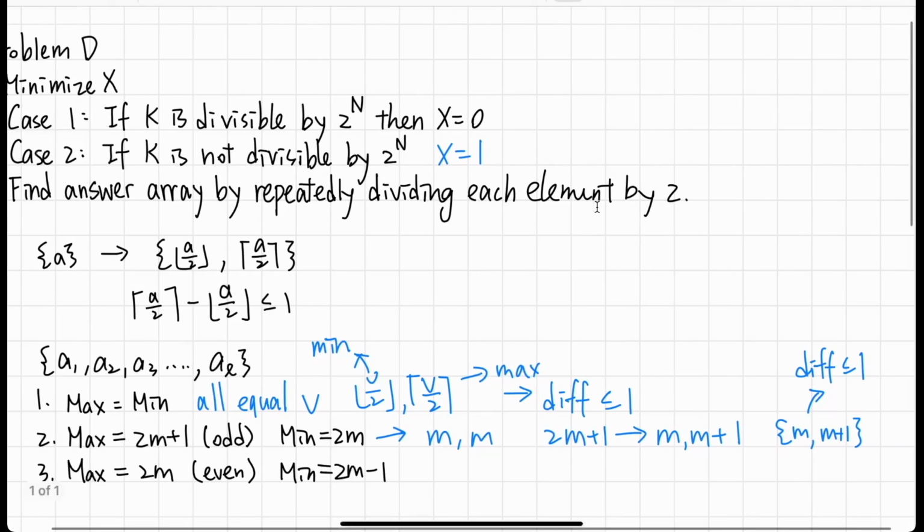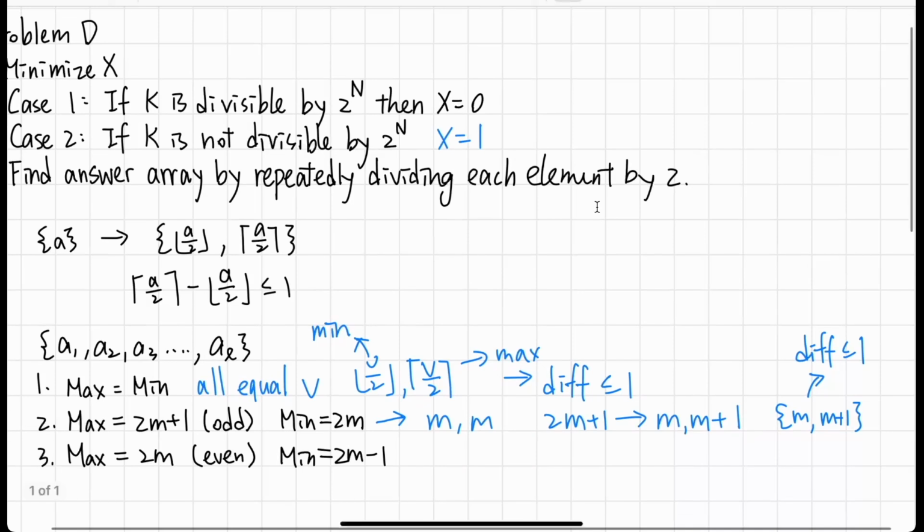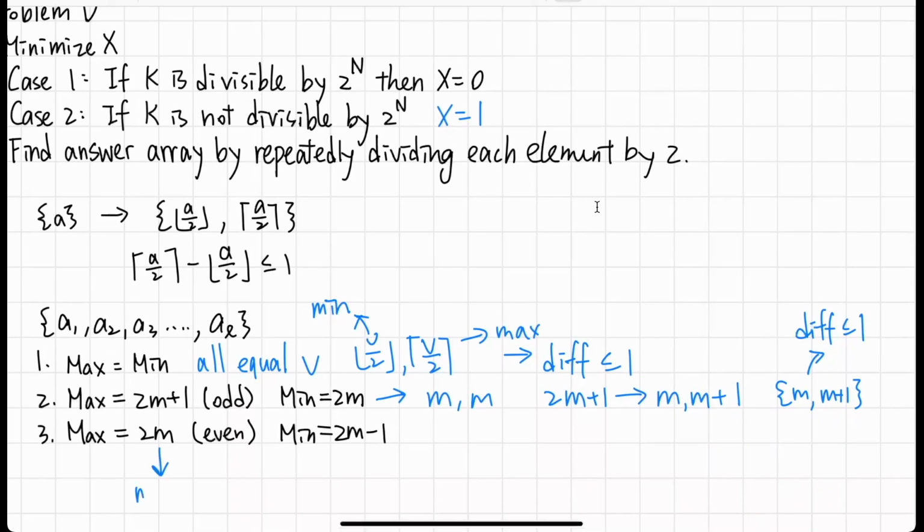Then for the last case, if the maximum is an even number and the minimum is an odd number, then if we split this number, we get m. If we split this number, we get m minus 1 and m. So all the numbers are in the range m minus 1 to m. So the difference is still less than or equal to 1. So for all three cases, the difference would still be less than or equal to 1.